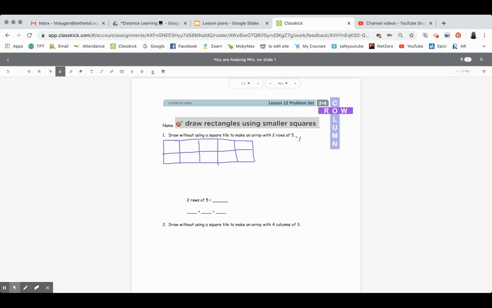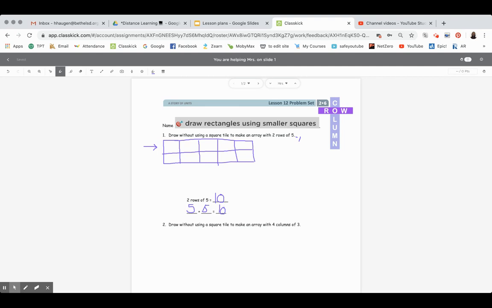So we drew this rectangle, which I think we did a pretty good job of. Now we'll answer the questions at the bottom. 2 rows of 5 equals, well, what's our total? 10, good. And then, because we drew rows, the row number is what I'm using for my repeated addition. So there's 5 on the top, plus 5 on the bottom equals 10.